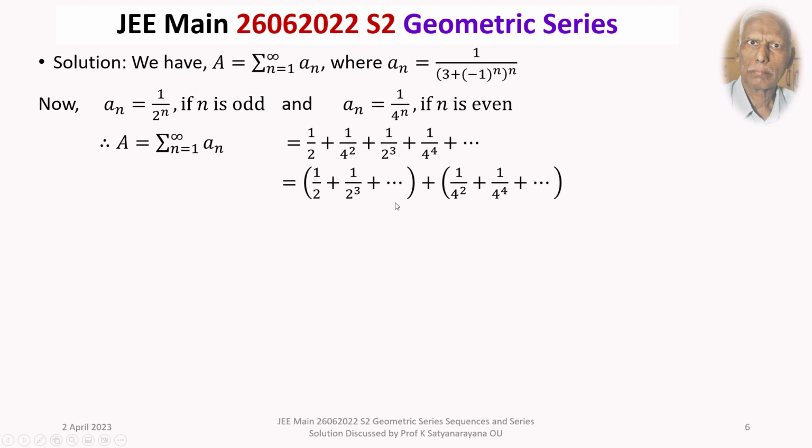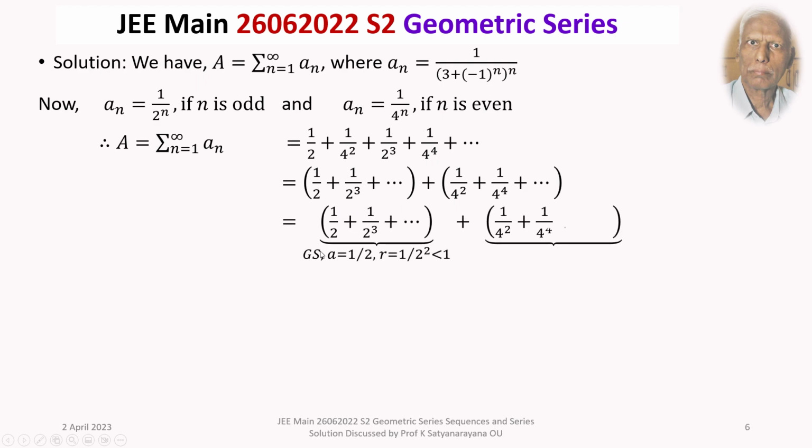Now what we observe is the first series is a geometric series with the first term 1 by 2 and common ratio r is equal to 1 by 2 square, and the common ratio r is less than 1.